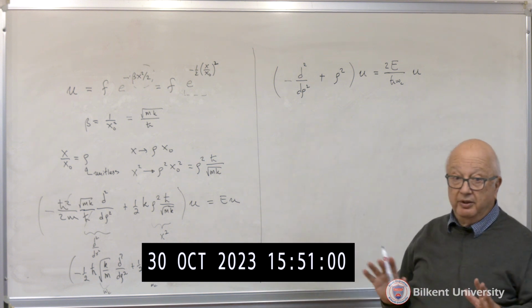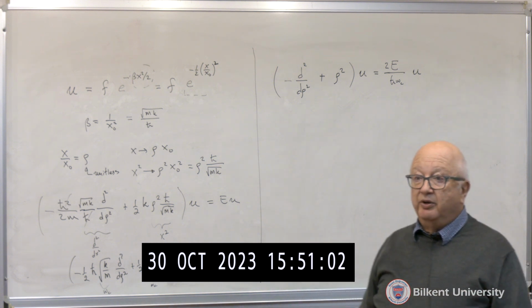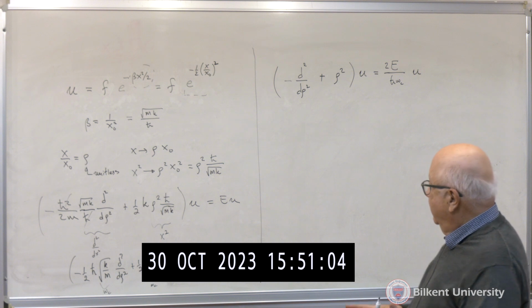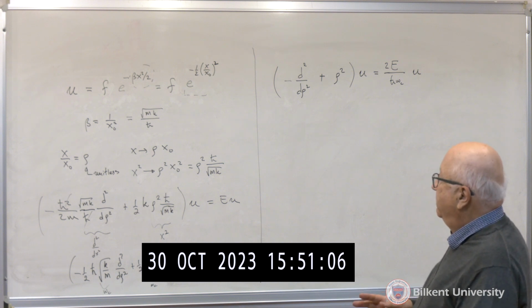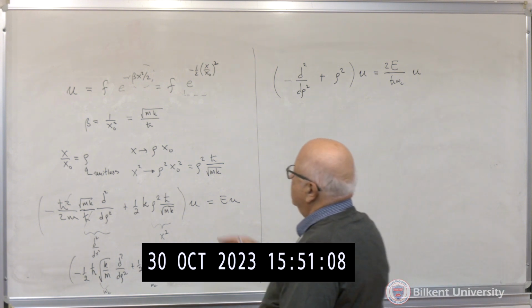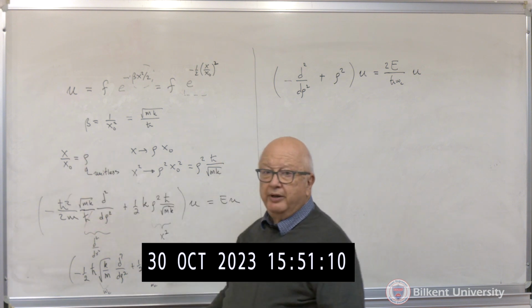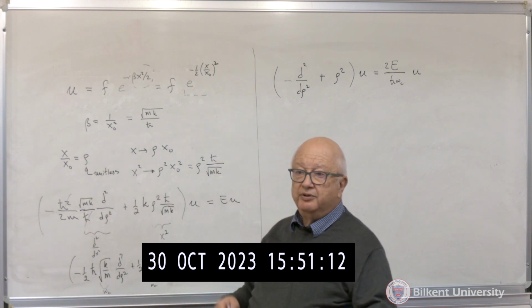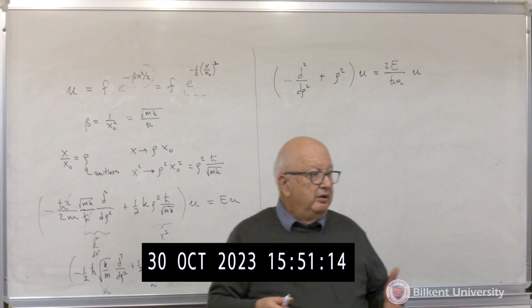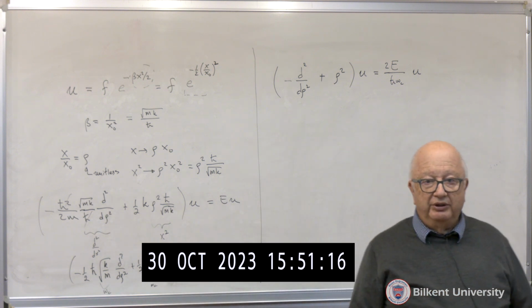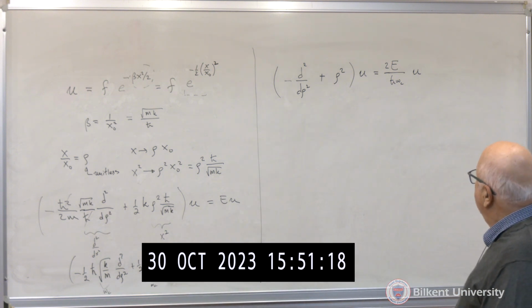So I still have the full exact equation. The only thing I have done is I have transformed the variable from x to x over x0. I have scaled the variable so that it's nice and unitless.